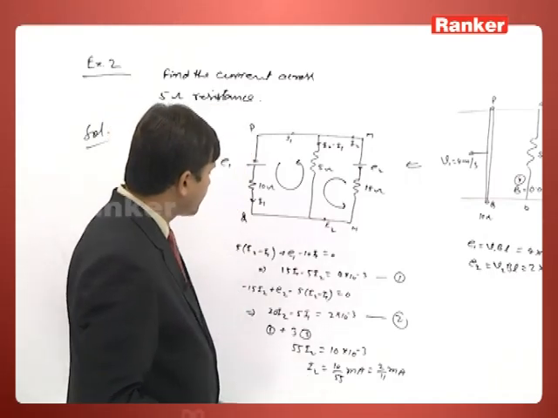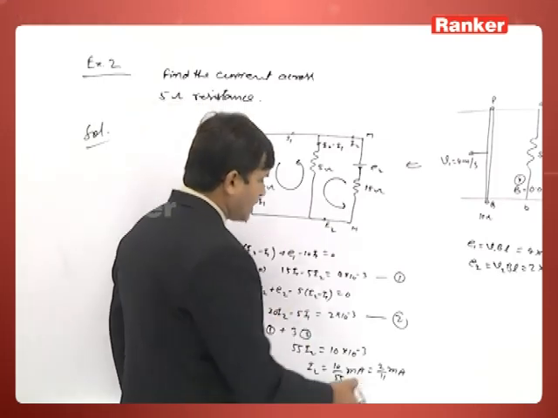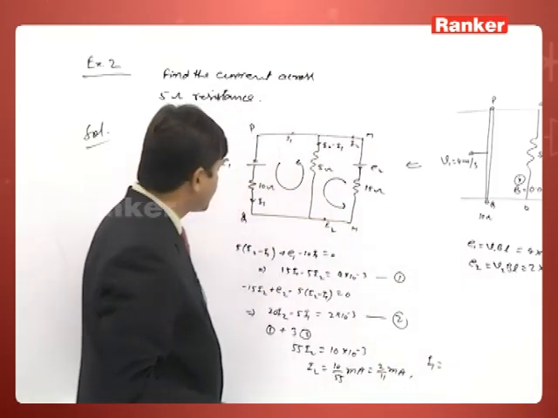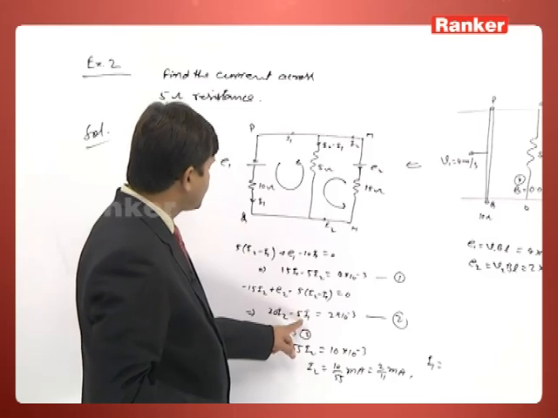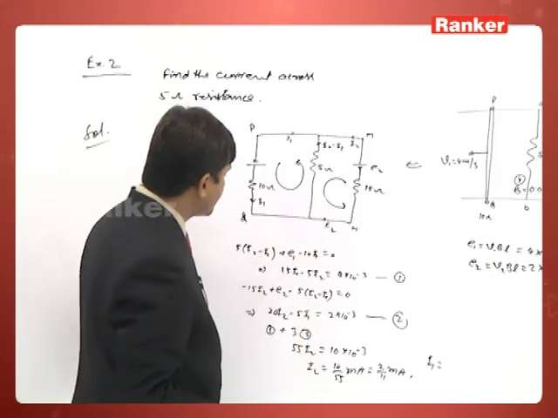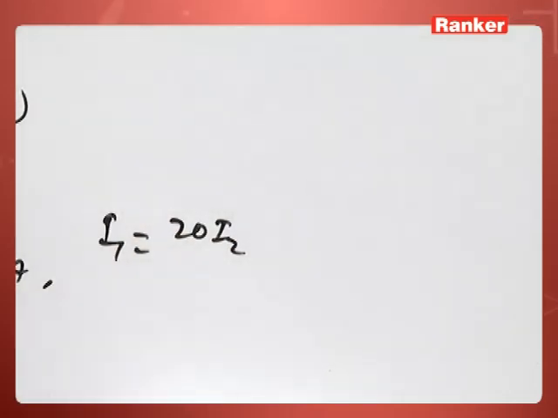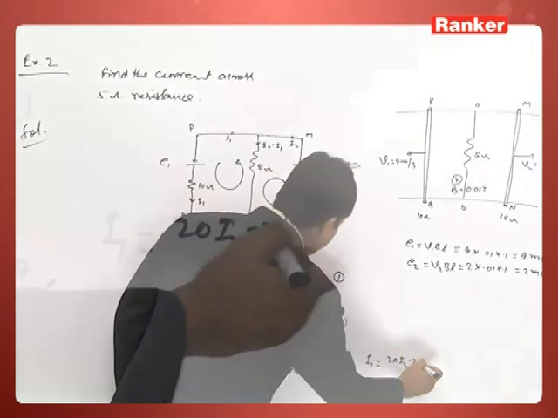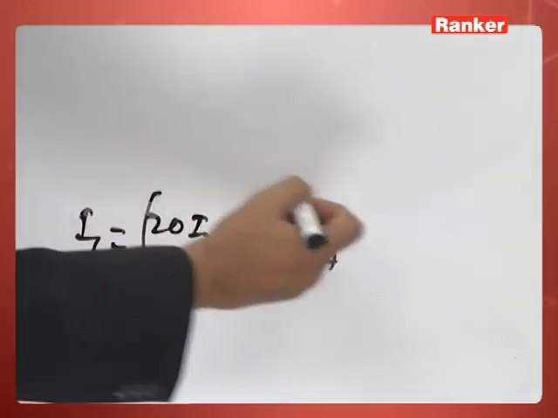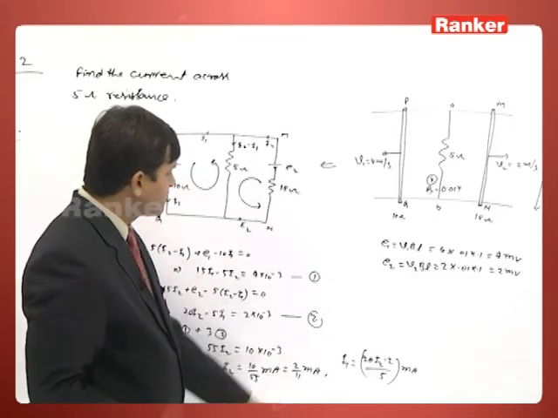Now we can substitute the value of I2 in either of the equations. If I look at I1, I1 can be said as 20 I2 minus 2 by 5 milliampere, and the I2 value is 2 by 11, so 20 I2 means 40 by 11.